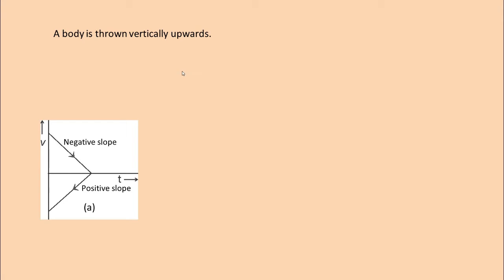The body is thrown vertically upwards. In the question it is given that a body is thrown vertically upwards. And you see here, when time t is 0, the velocity is on the positive side. Therefore, it becomes necessary for us to take the upward direction as positive.